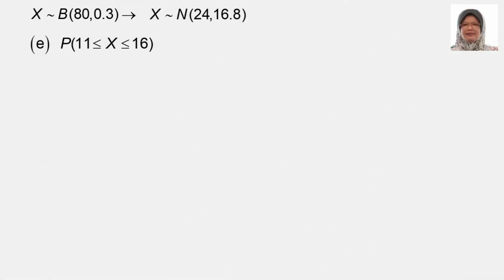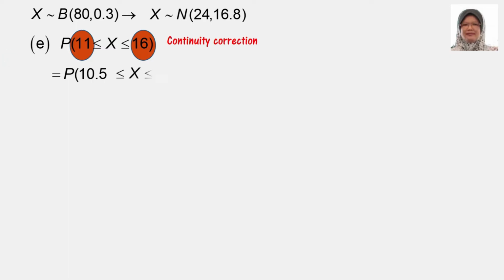E, P(11 less than or equal to X less than or equal to 16). We do continuity correction. 11 must be in our answer, so we take 10.5, and 16 also must be in our answer, so we take 16.5.